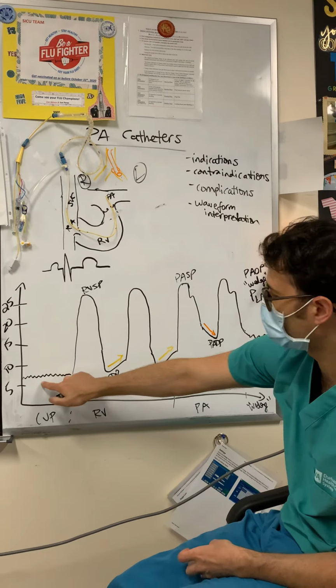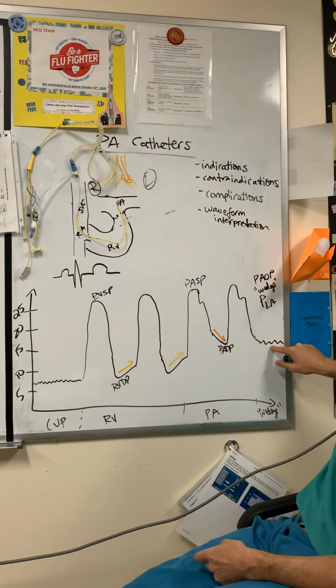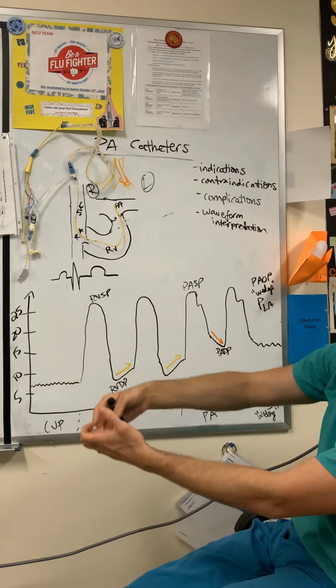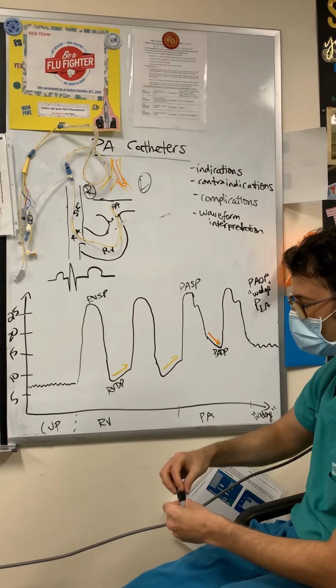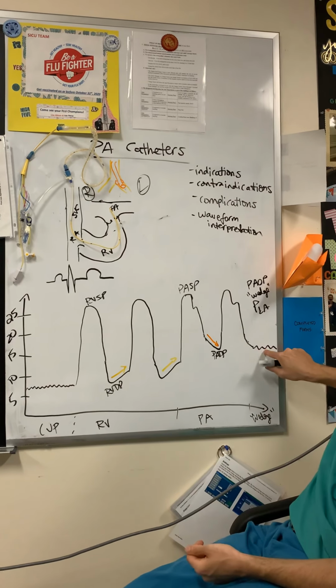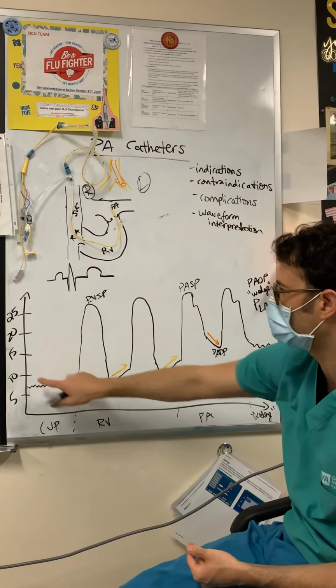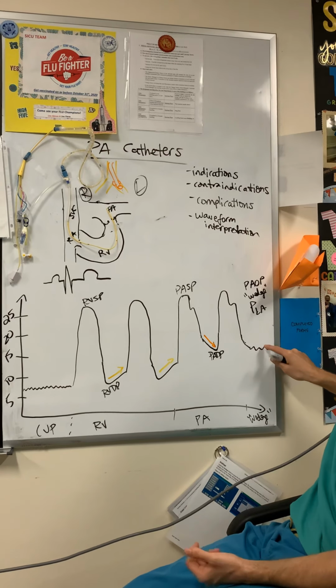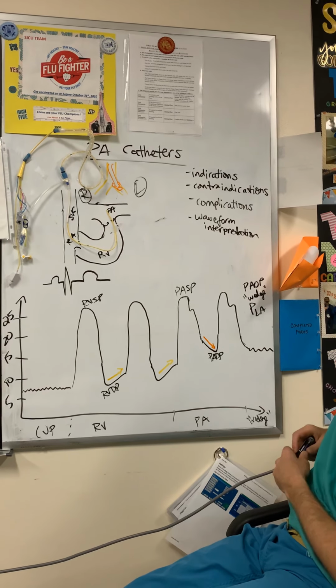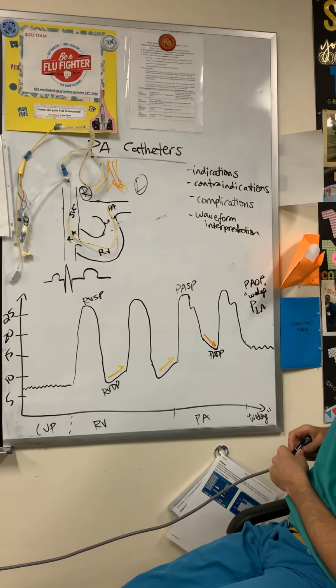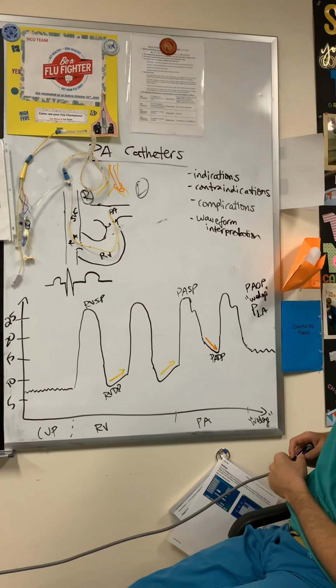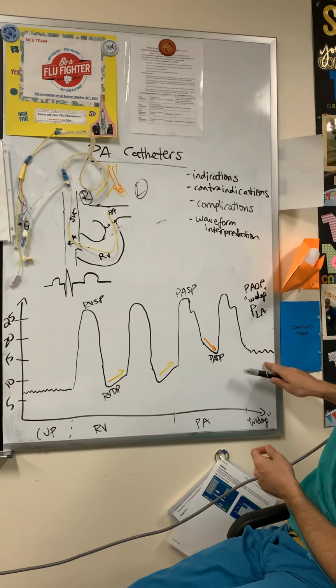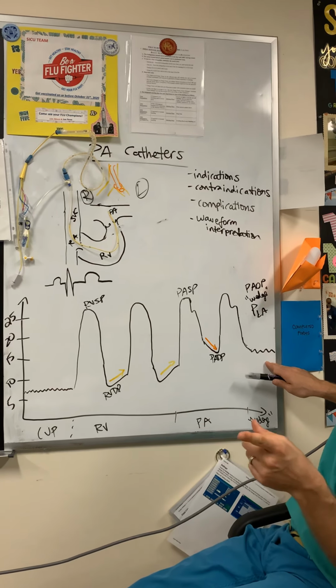It's similar to your CVP waveform because these are both the low pressures that come back to your atria. It's just a slightly higher value. So whereas this is 5 to 10, this is more like 10 to 15 normally. Let's see, anything other than that that's pertinent to you guys. So any questions about this so far?